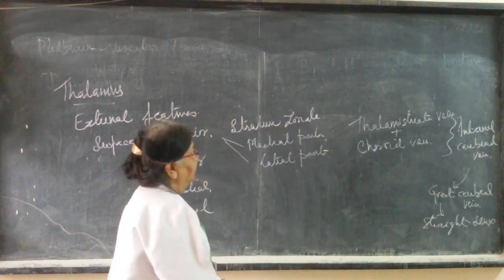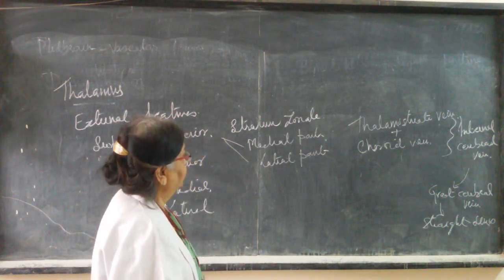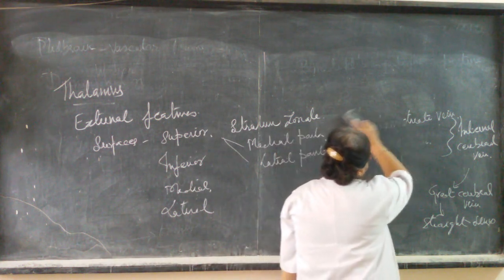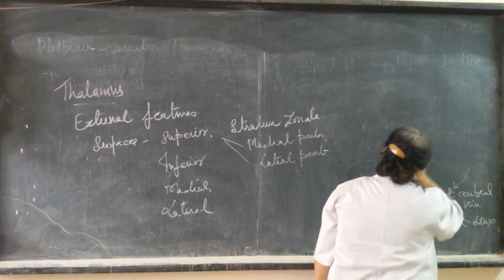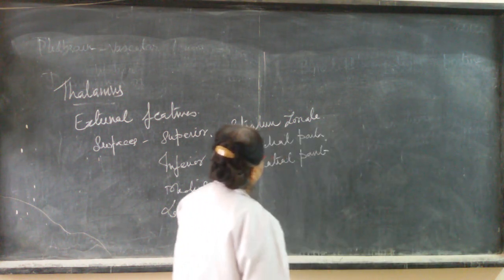The stria terminalis is a band of white matter related to the limbic system. Now, on the superior surface lies the choroid plexus of the lateral ventricle.